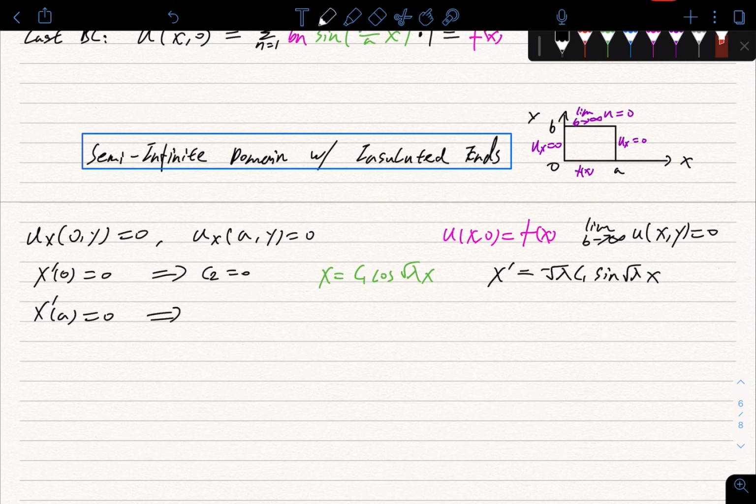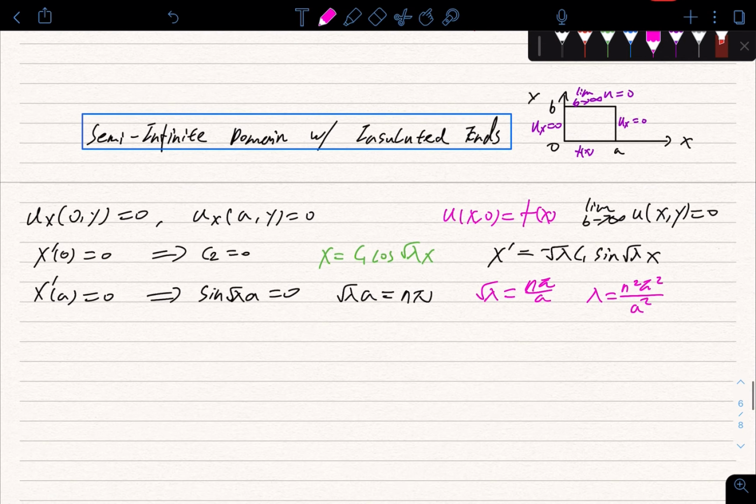That tells us that sine of square root of lambda a equals 0, and that will give us square root of lambda a equals n pi, and the square root of lambda equals n pi over a, and lambda equals n squared pi squared over a squared.